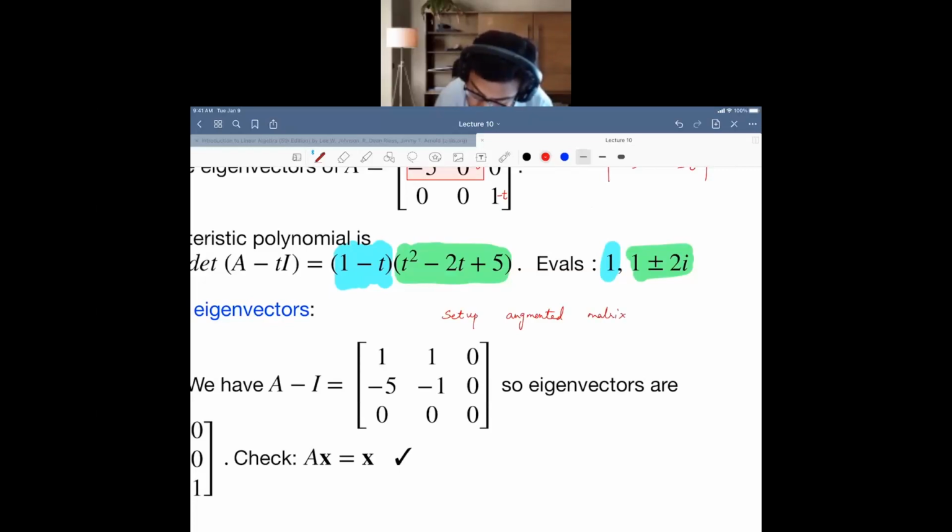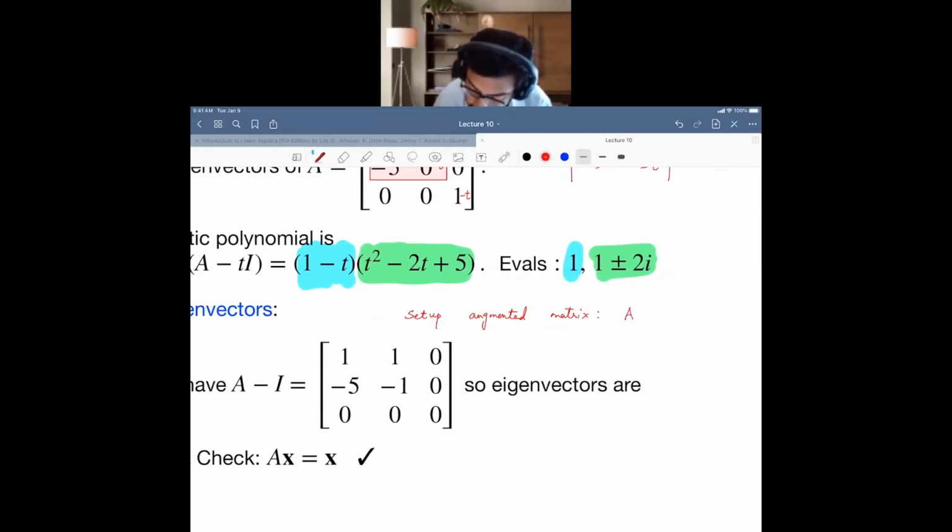The matrix is going to be A minus lambda, which is 1, times I, times X should equal 0, right? That's your augmented matrix. A minus I is this there. So when you're trying to set up the augmented matrix, you would add another column of zeros there.